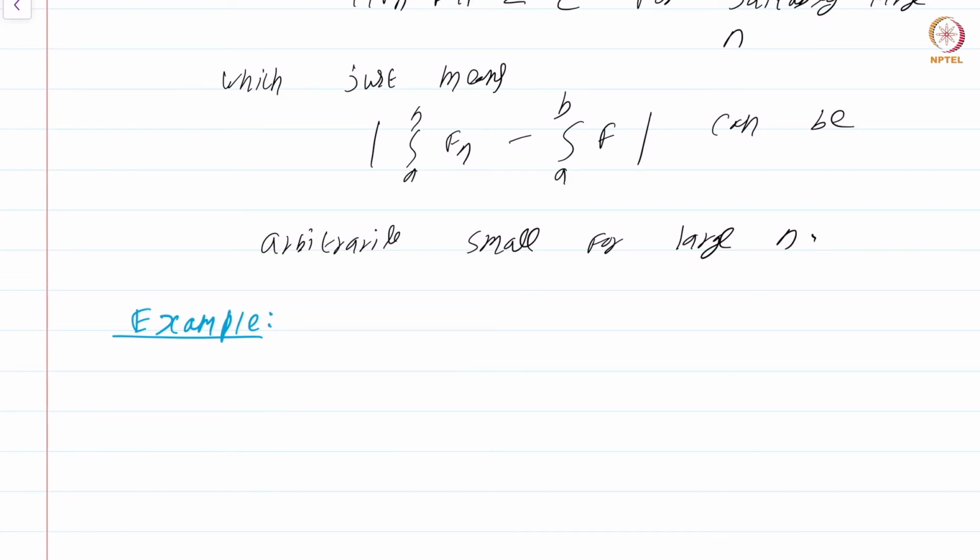So let's see an example. Let's consider fn(x) = sin(n squared x) divided by n squared.